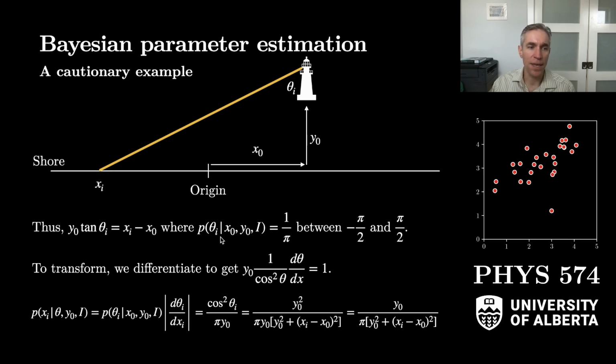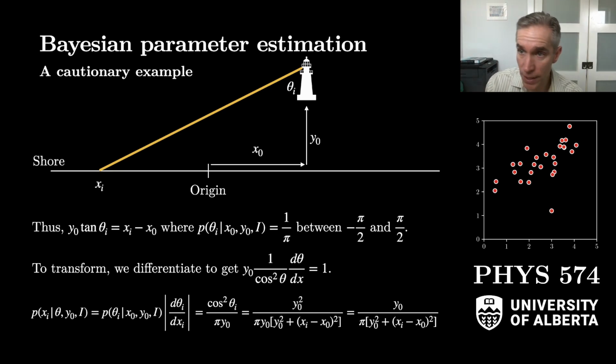And then the probability of an angle theta, sending a pulse that hits the ground on the shore, given x naught, y naught, is just going to be 1 over pi, and it's going to run between minus pi over 2 and pi over 2. If it's outside of that range, the beam never hits our infinitely long shore.